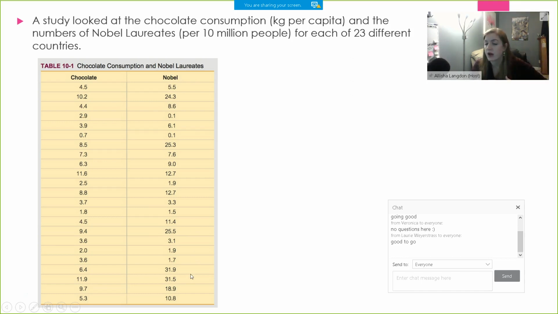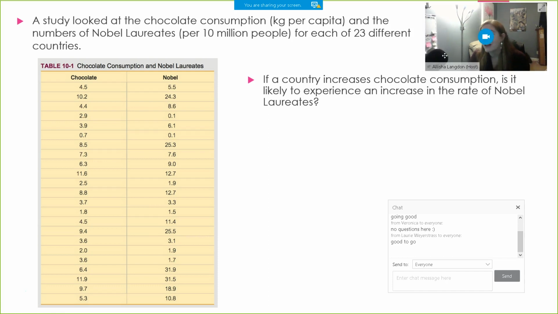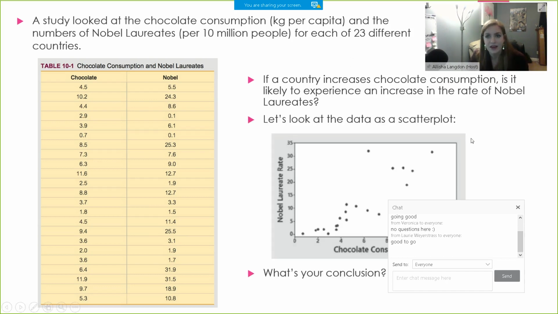So each row is a different country, and they're just comparing the amount of chocolate consumed and how many Nobel laureates there were. There doesn't seem like there should be a relationship there, right? You're like, I don't think eating chocolate is going to make a difference. But they want to look, if a country increases chocolate consumption, is it likely to experience an increase in the rate of Nobel laureates as well?